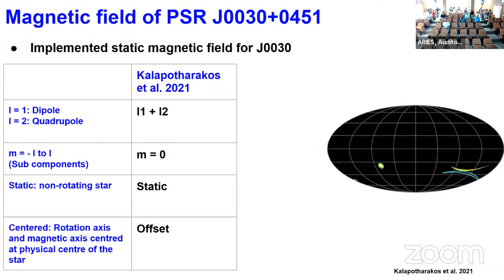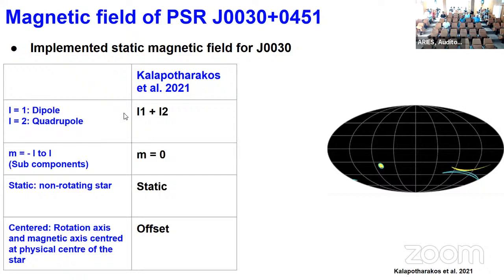So in 2021, Kalapotharakos et al. began this project, and they published it in 2021. I'm going to make another column in the next slide where I'll show the differences between this work and our current work. Just to highlight, they went up to the quadrupole component, dipole plus quadrupole, and they made a very simplified assumption about their subcomponents.